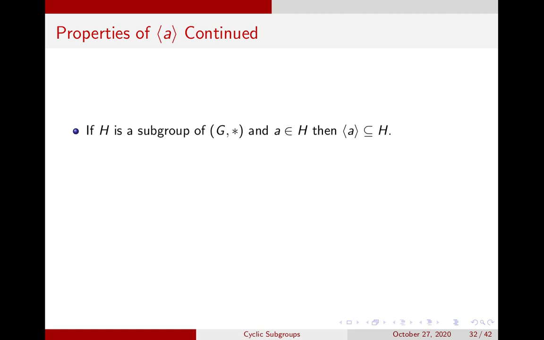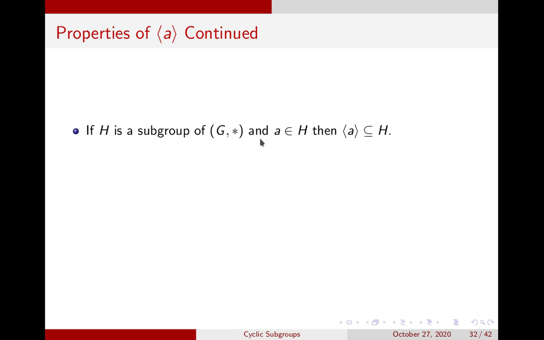So here is what's going to turn out to be a fairly important property of the subgroup generated by A. Let's suppose that you have a group G star, and capital H is any subgroup, not necessarily generated by an element, just a subgroup.